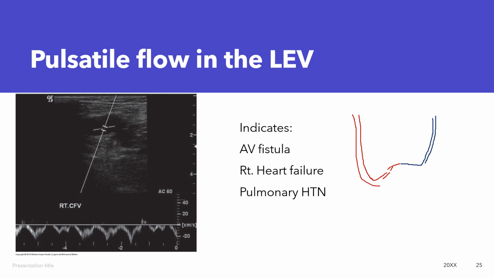So if there's some sort of abnormal connection and I have an artery dumping right into a vein, skipping that capillary area where all of our blood gas oxygen exchange occurs, and the vein takes out waste, if that doesn't occur, we just go from arterial to venous.